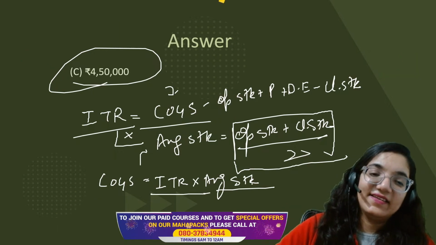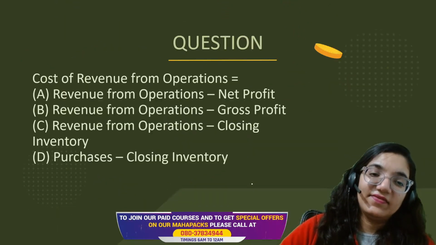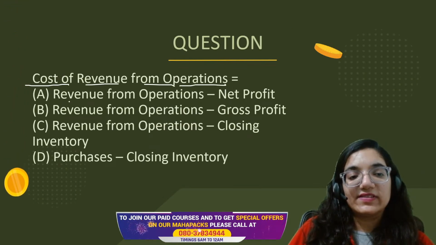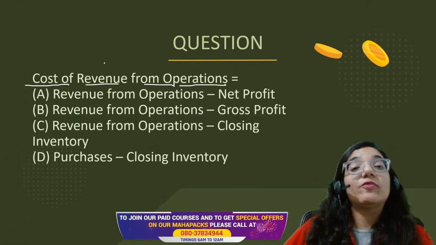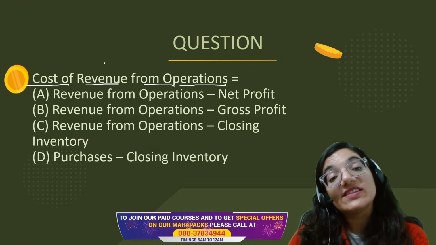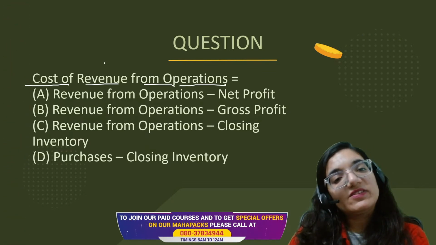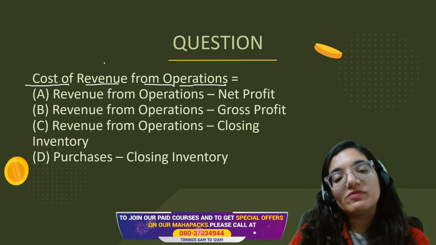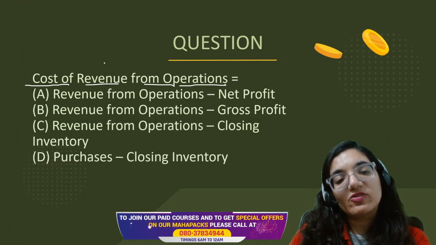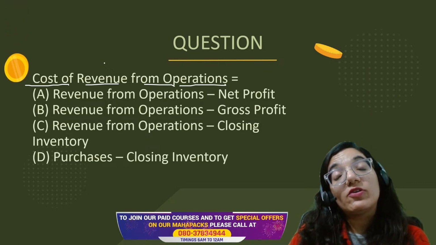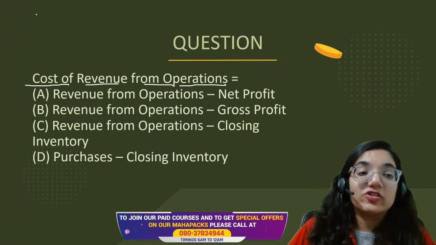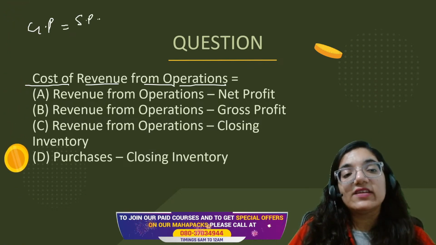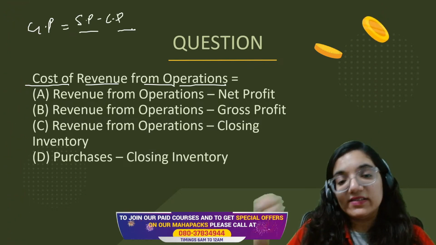Then the cost of revenue from operations. Revenue from operations means sales. So what is the cost? Revenue from operations minus profit. Revenue from operations minus GP. If we are looking for cost, our gross profit or the production based profit is always your selling price minus your cost price, SP minus CP.